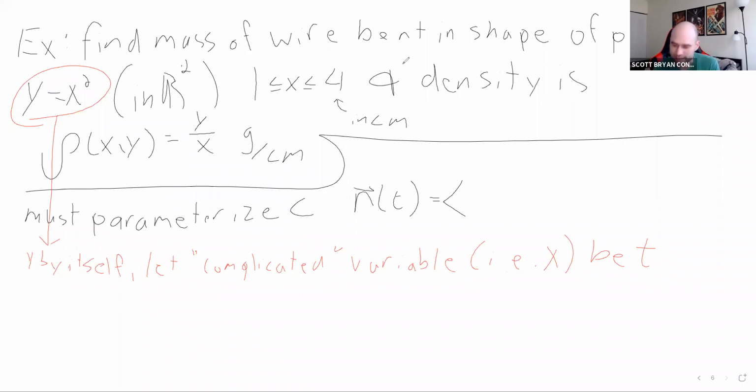So we're going to say x is t. And if x is t, then y has to be equal to x squared, which is t squared.